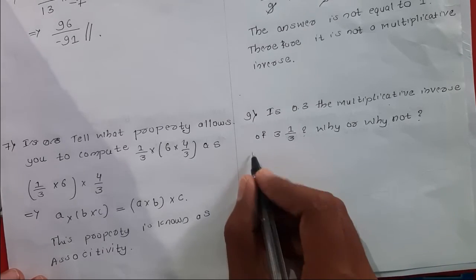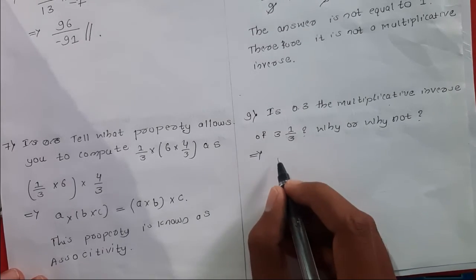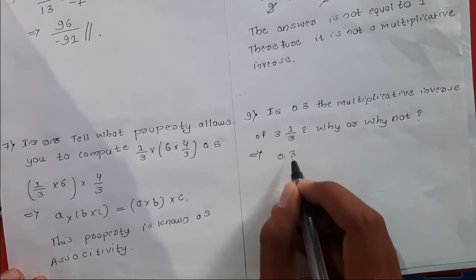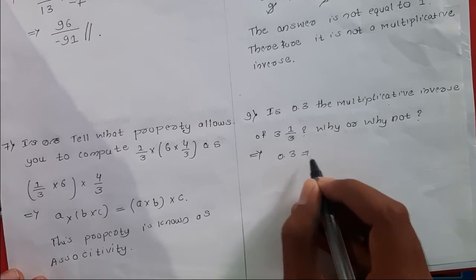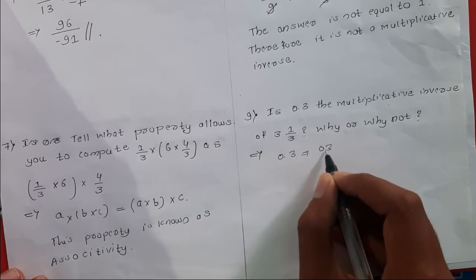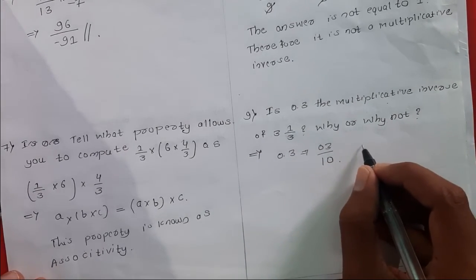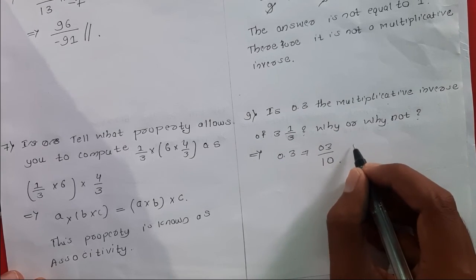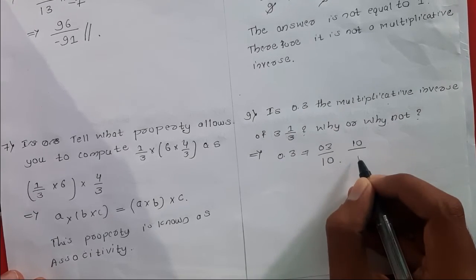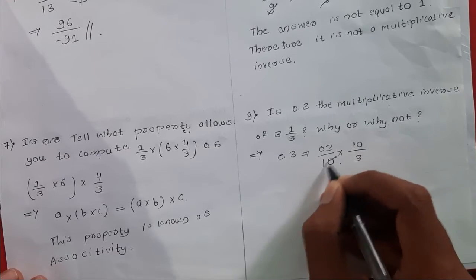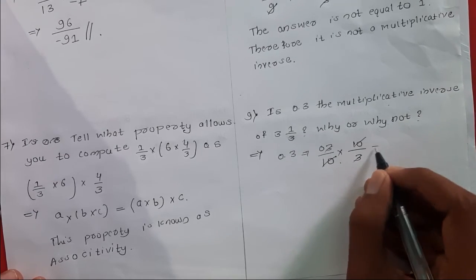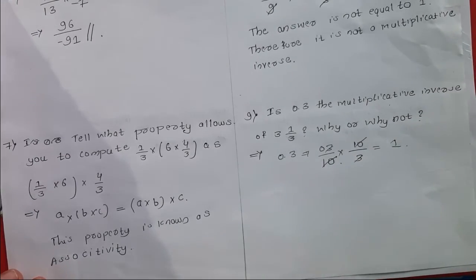First convert the 0.3 decimal into a fraction, that is 3 by 10. Then 3 into 3, 9, 9 plus 1, 10 by 3, that is 10, 10 cancel, 3, 3 gets cancelled, equal to 1.